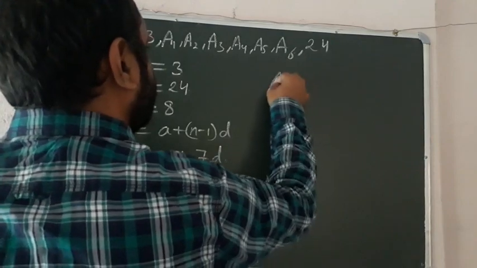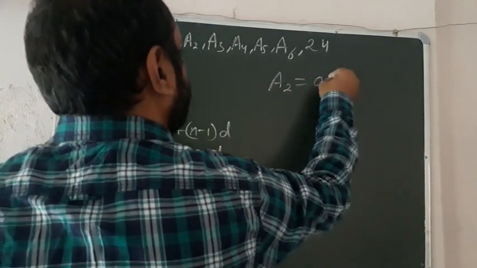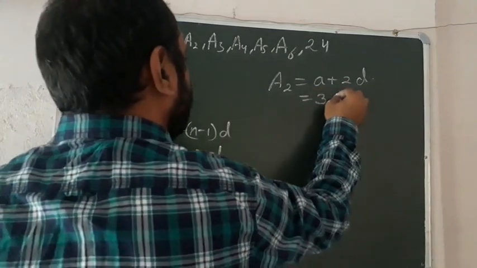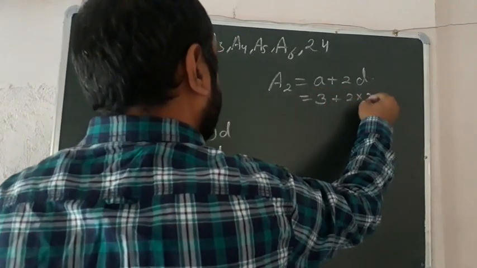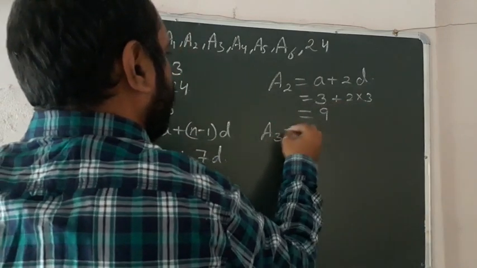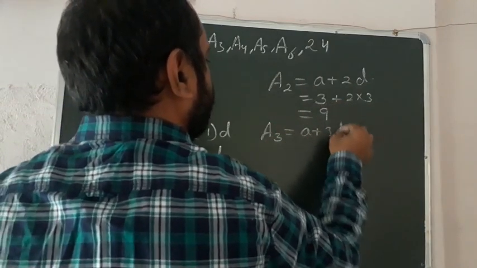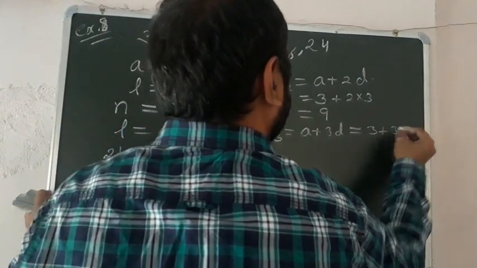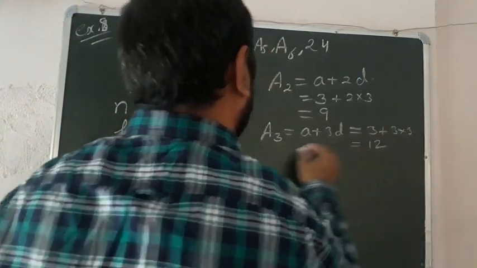Similarly, what is the value of a2? a2 is a plus 2d, which means 3 plus 2 into 3, that is equal to 9. Similarly, a3 is a plus 3d, and that is 3 plus 3 into 3, that is 12.